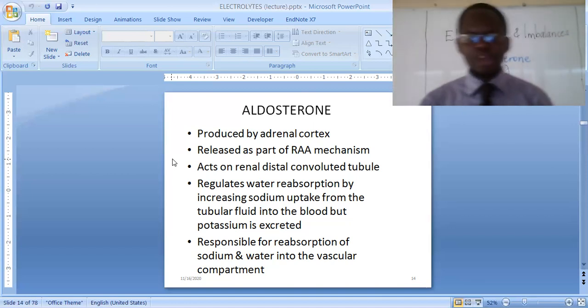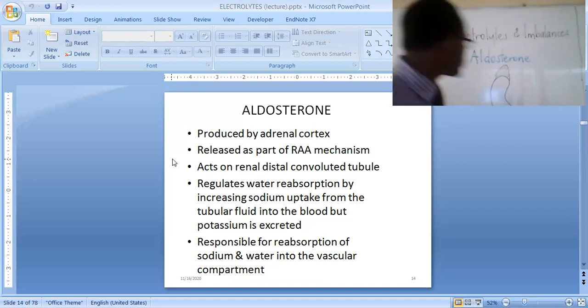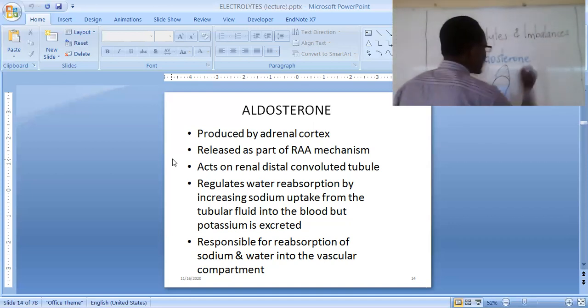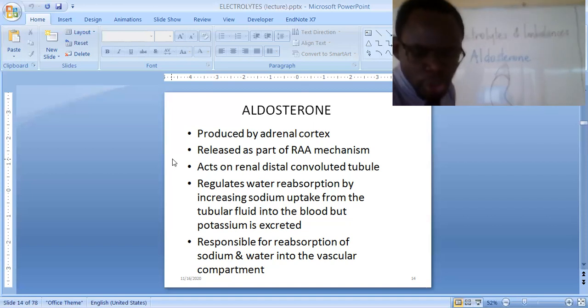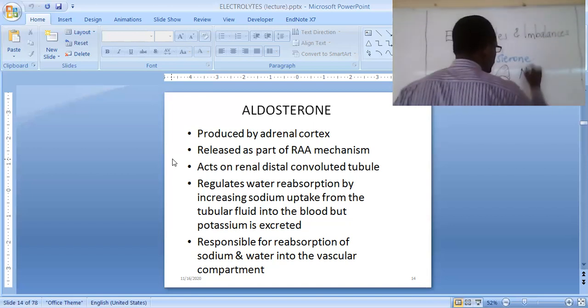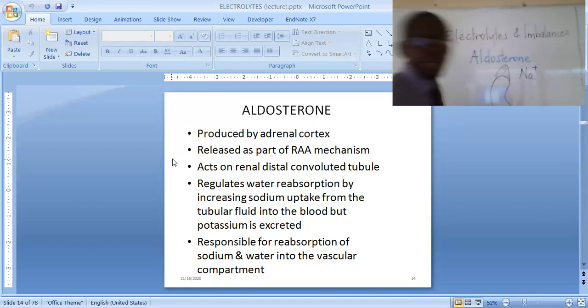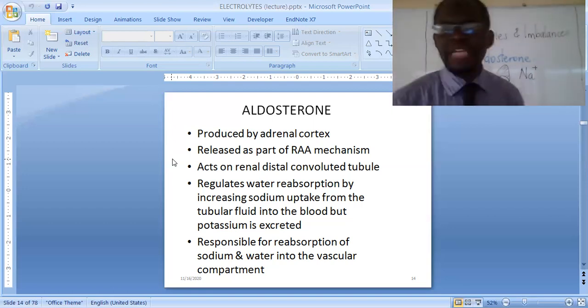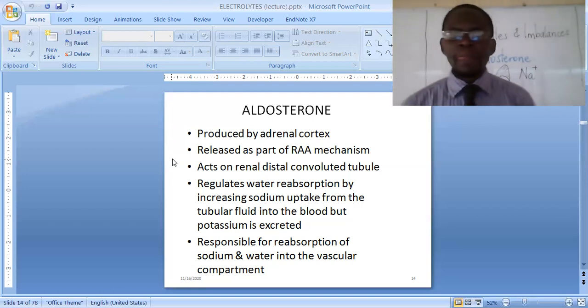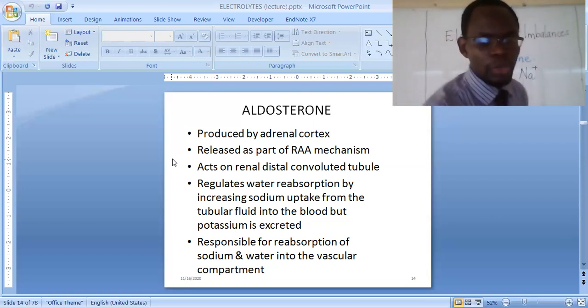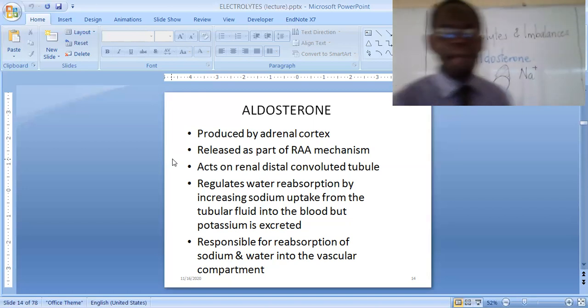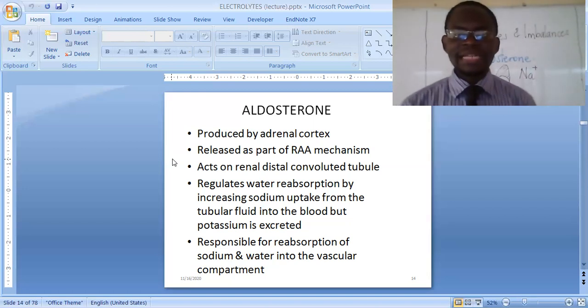So it causes absorption of sodium within the distal convoluted tubules. Now, if it causes absorption of sodium, that basically means that since there is absorption of sodium, the water will also follow directly. So basically, that is that about aldosterone.